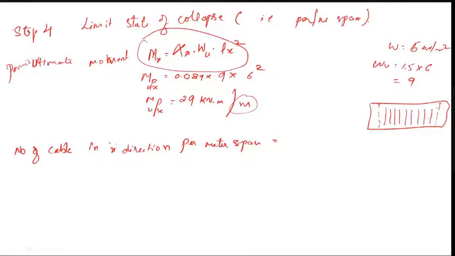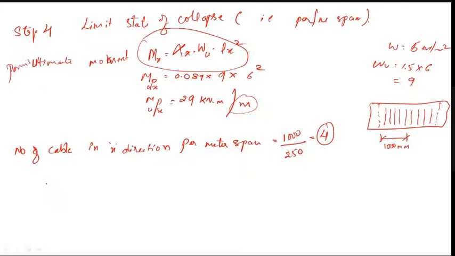But here I need how many cables are required for only 1 meter span, for 1000 mm? Spacing in the x direction we have got 250, and I want to know how many cables will be there in the 1 meter span. 1000 by 250, we will get 4 numbers.